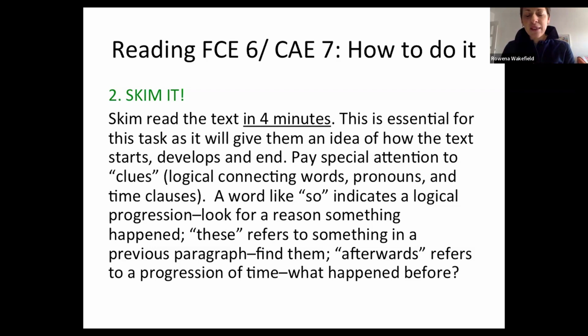So I recommend that in this task, they don't skim read it in 1 minute. I think they need to take more time, because what I want them to do is skim read it, but also while they're skim reading, be paying attention to the clues that are going to help them to find the answers to this task, okay?